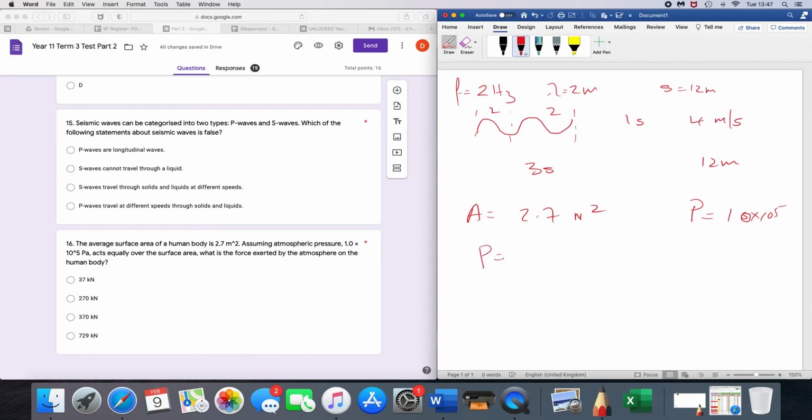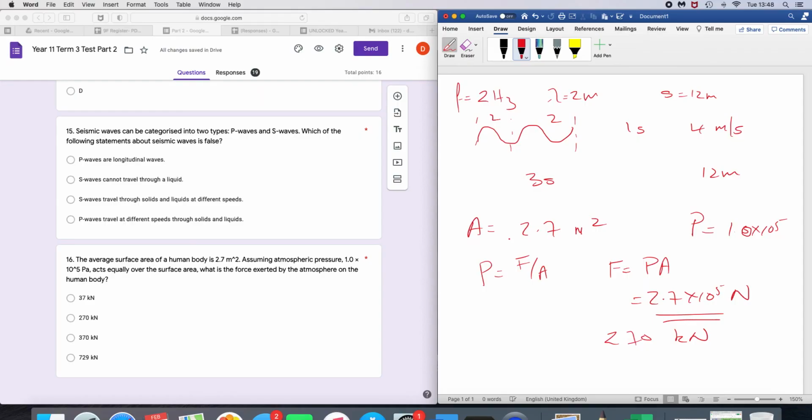Well, pressure is force divided by area, so the force is the pressure times the area, which is 2.7 times 10 to the 5 newtons. You should always think about your units. So that is 270 kilonewtons. Do we have that? We do indeed. The answer then is B.